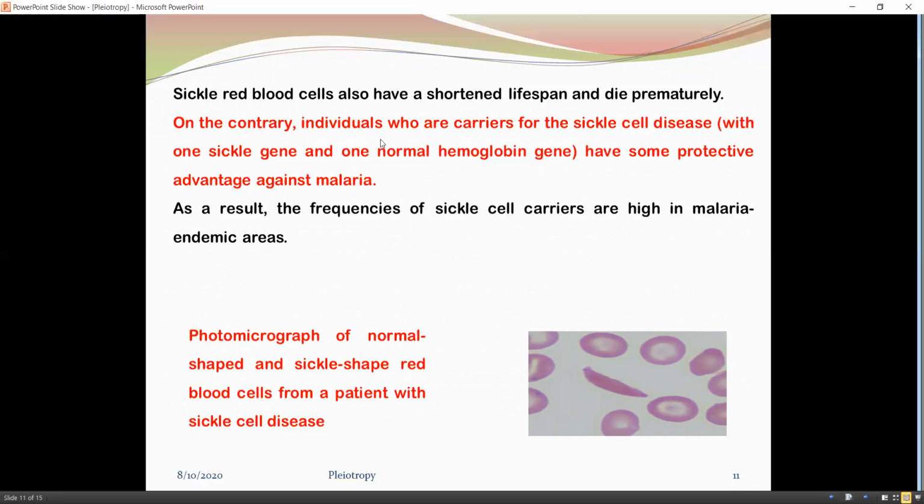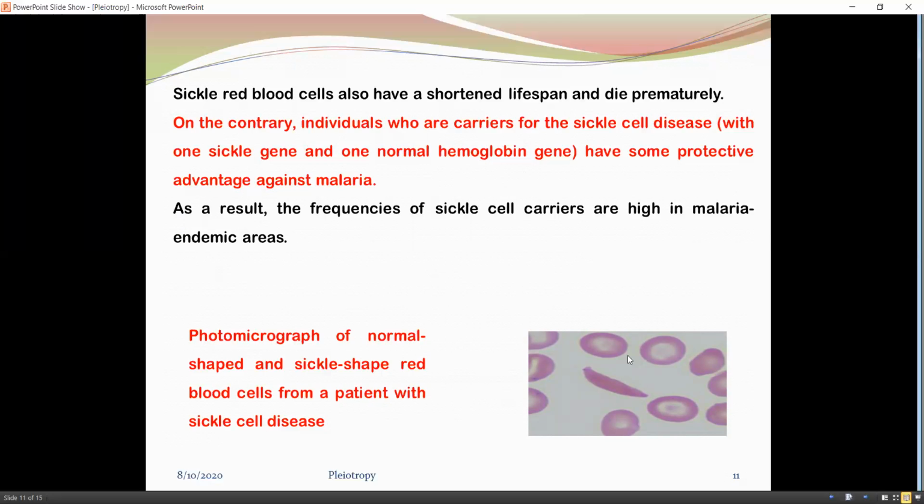On the contrary, individuals who are carriers of sickle cell disease with one sickle cell gene and one normal hemoglobin gene have some protective advantage against malaria. As a result, the frequencies of sickle cell carriers are high in malaria endemic areas.